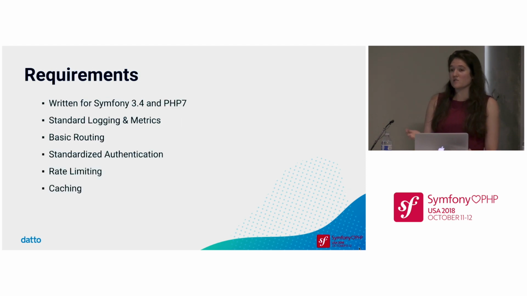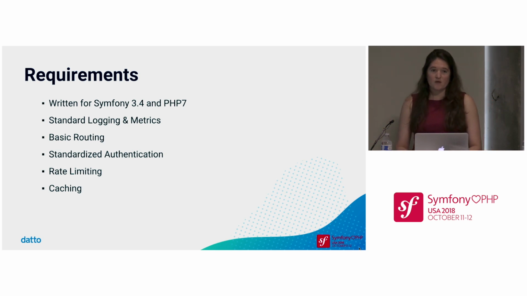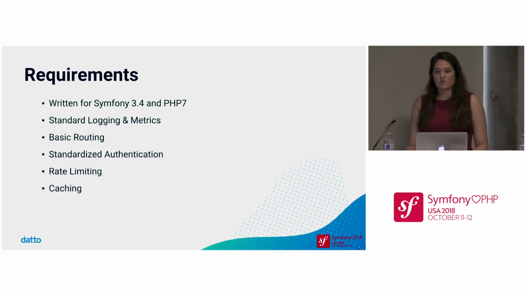So our requirements when we sat down to build this, we standardized on Symfony 3.4 and PHP 7.0. Now, we realize we're not on Symfony 4 yet, and that's because we're waiting for the LTS version to come out, and then we'll upgrade. Being on a larger environment and a large scale, it's really important for us to be able to have that support for a long period of time.